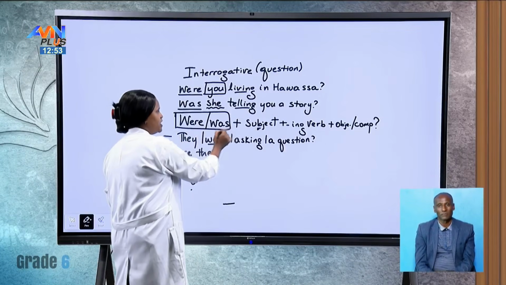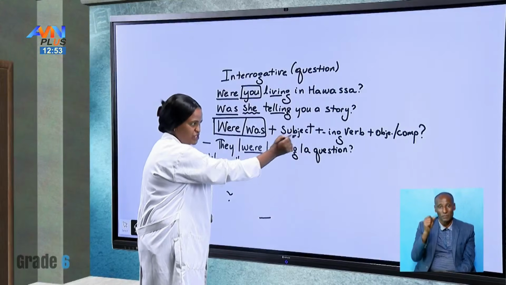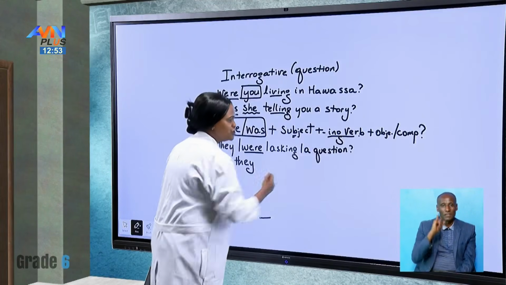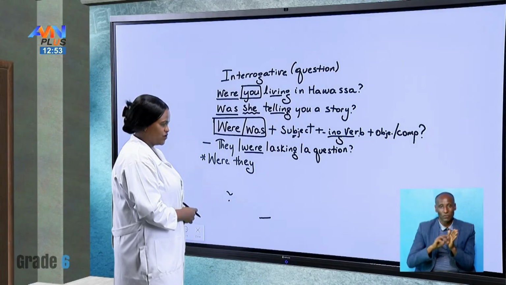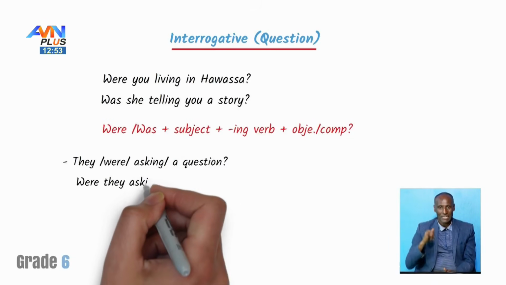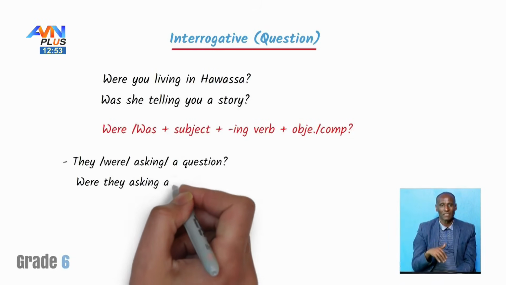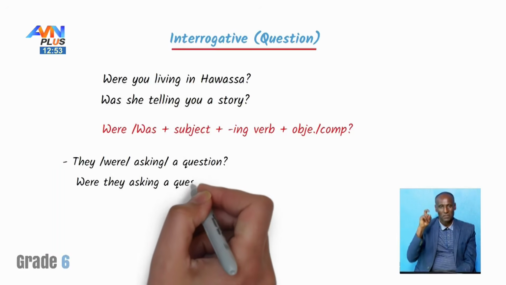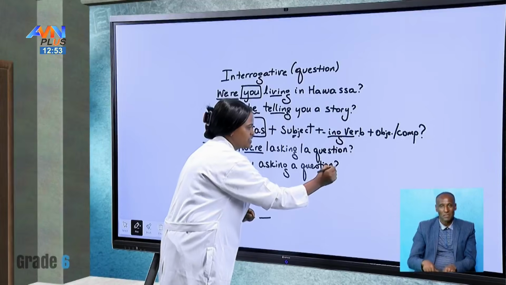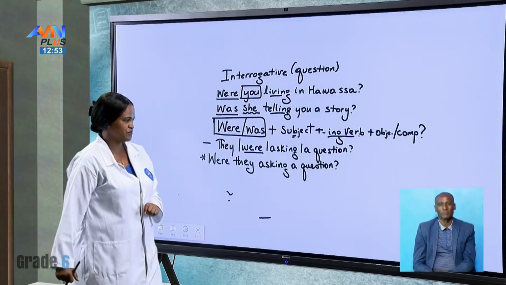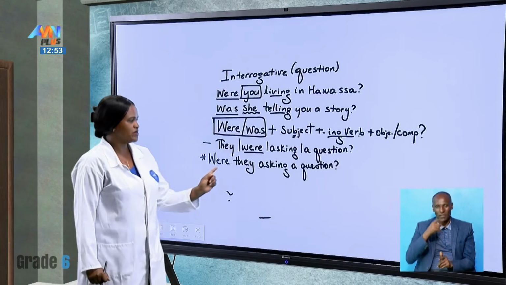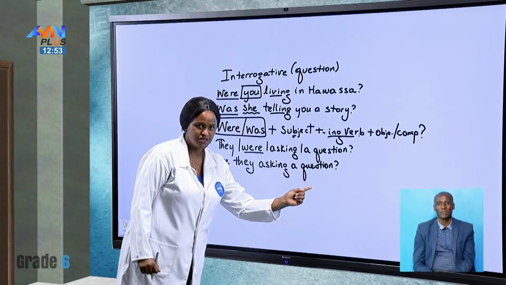Because after were, then we come to the subject. Then, what do we have after the subject? It is the ing form of the verb, okay? Were they asking, good. Were they asking a question? Our object remains in that same place. Then, question mark. If you say like this, that means you are perfect. Were they asking a question?